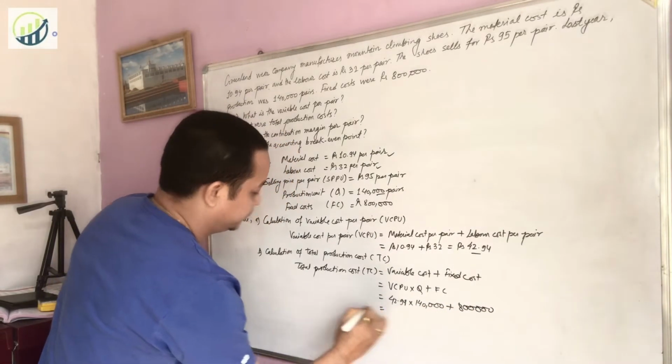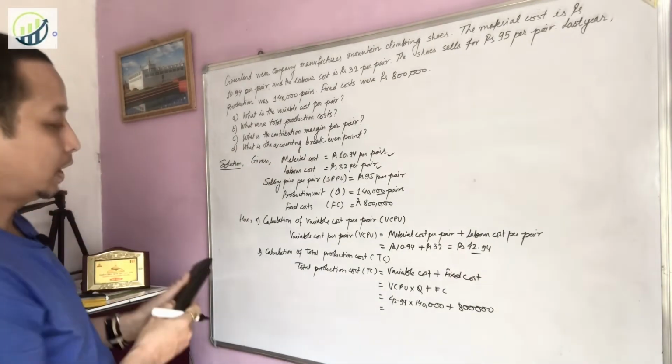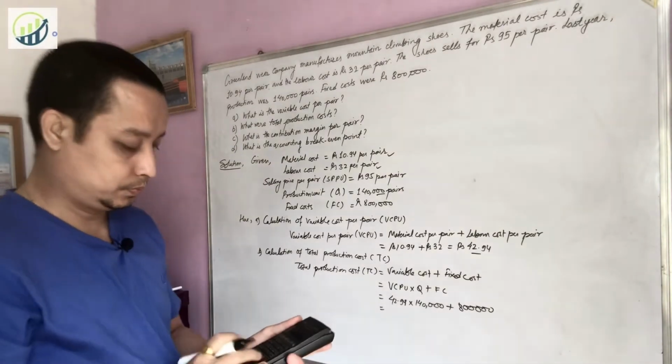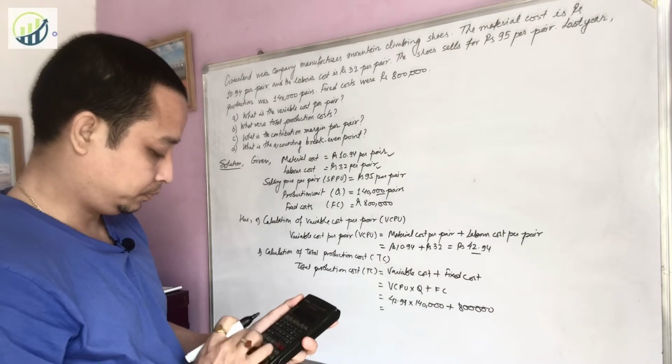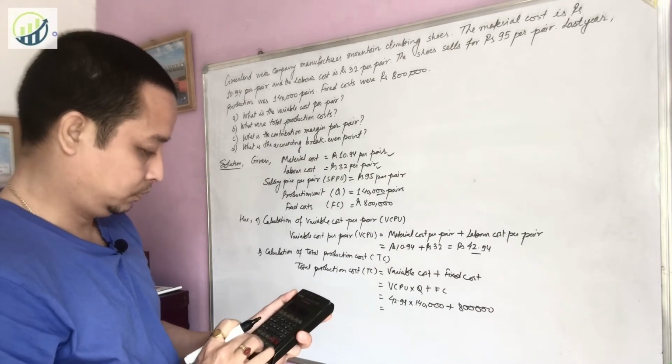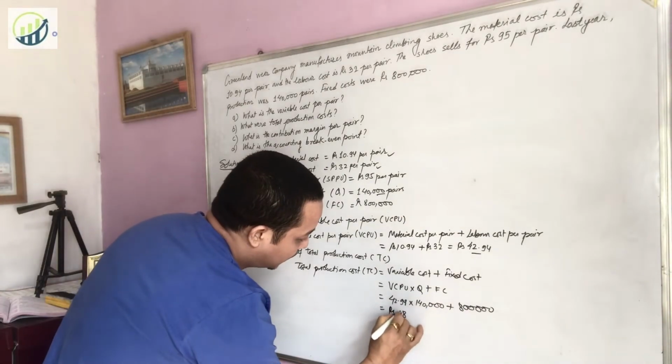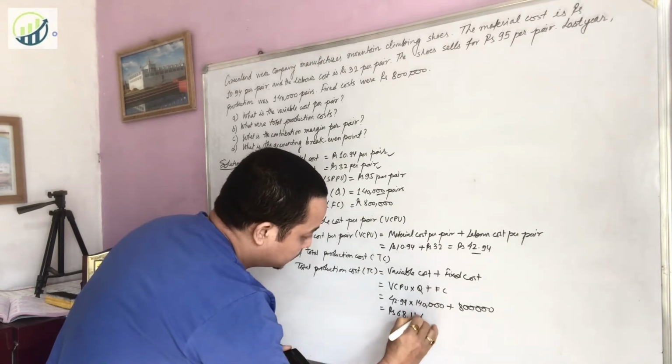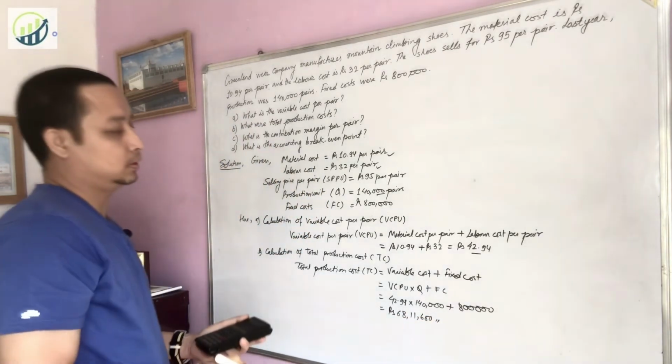So now what will be the value of total production cost? It's rupees 68 lakh 11,600. So this is the total production cost.